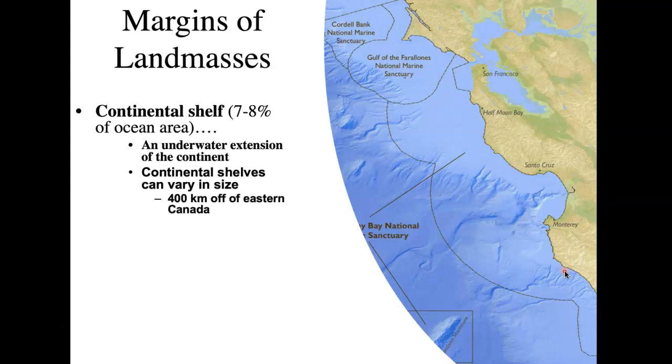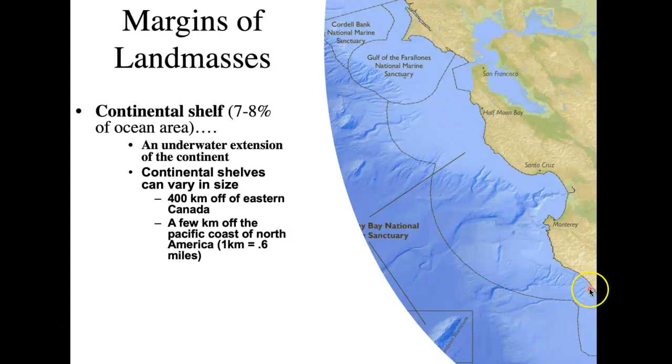The continental shelves vary vastly in size. Some of them are about 400 kilometers if you're talking about off of eastern Canada. You have really large continental shelves there. And then, if you're talking about off the Pacific coast in certain areas, you have areas where it's just a kilometer. And remember, a kilometer is only about 0.6 miles.